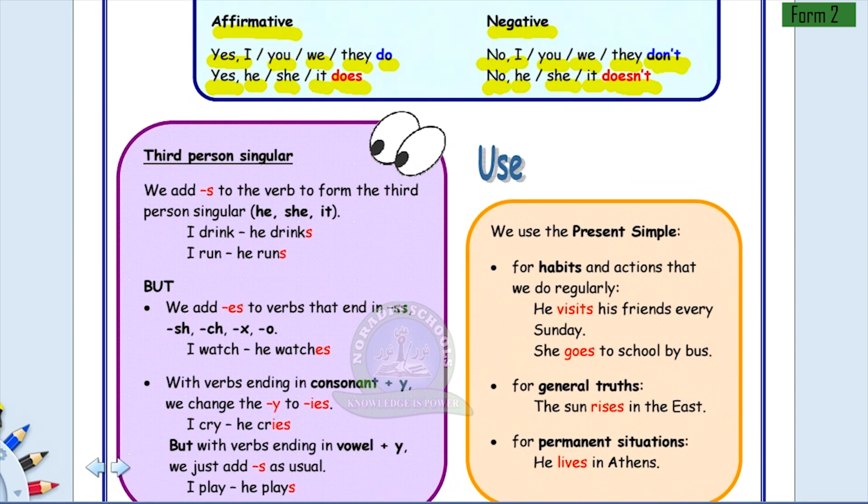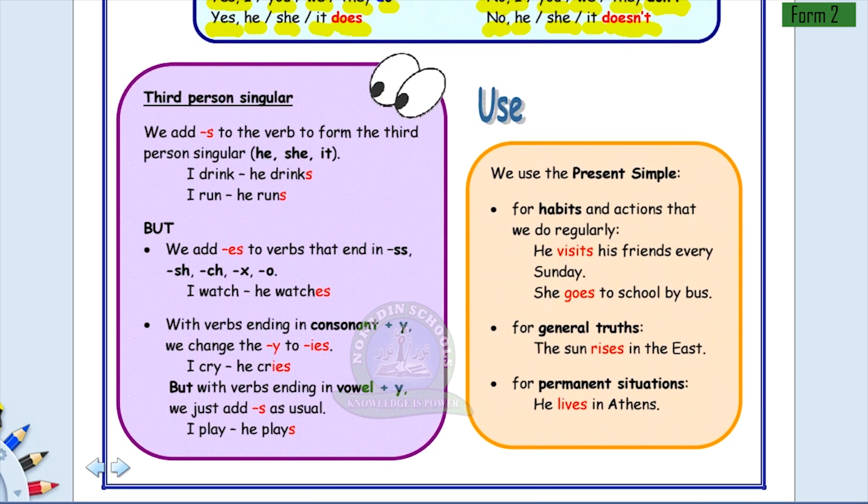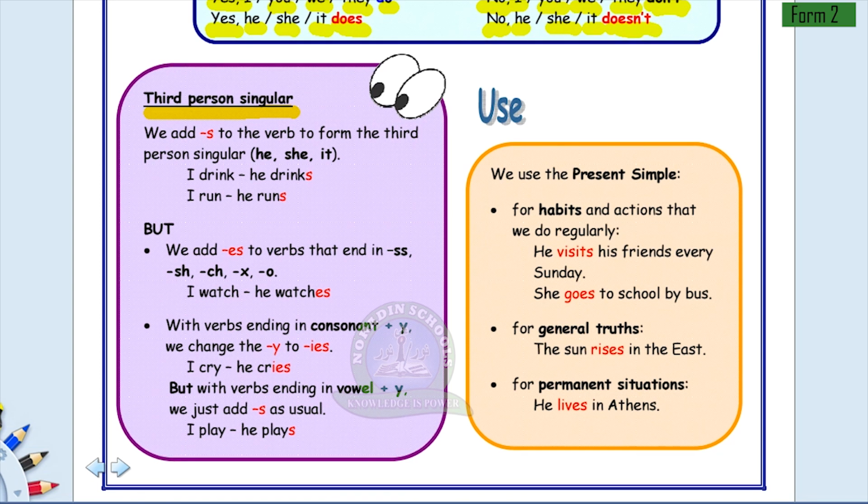Okay, let's come to here. Here we have the third person singular. As I have mentioned in the beginning, they are he, she, and it.